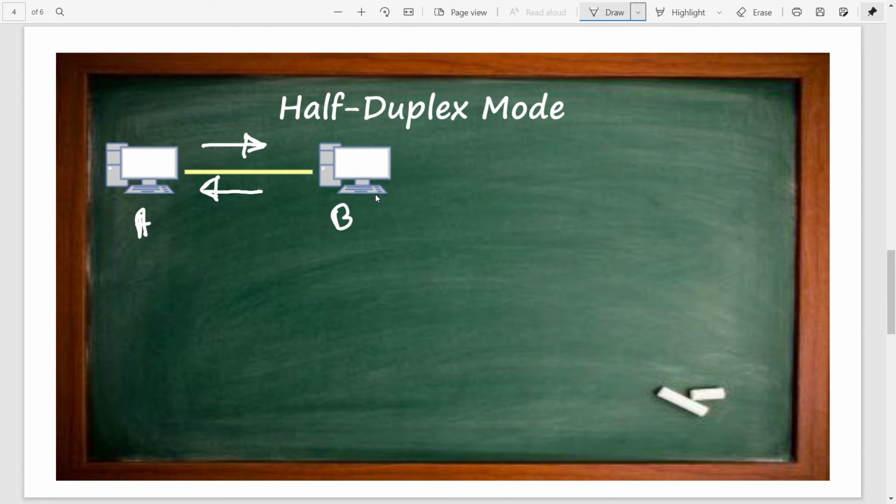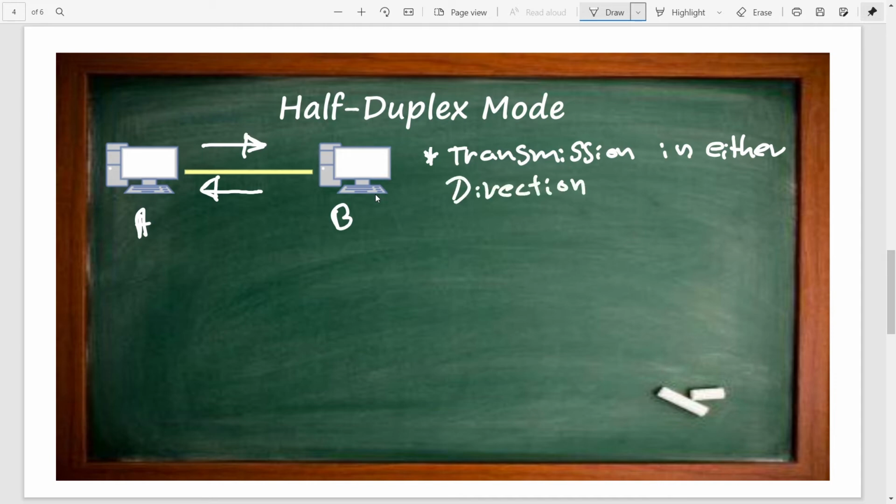So in this kind of half-duplex network, transmission in either direction can happen, but not simultaneously.